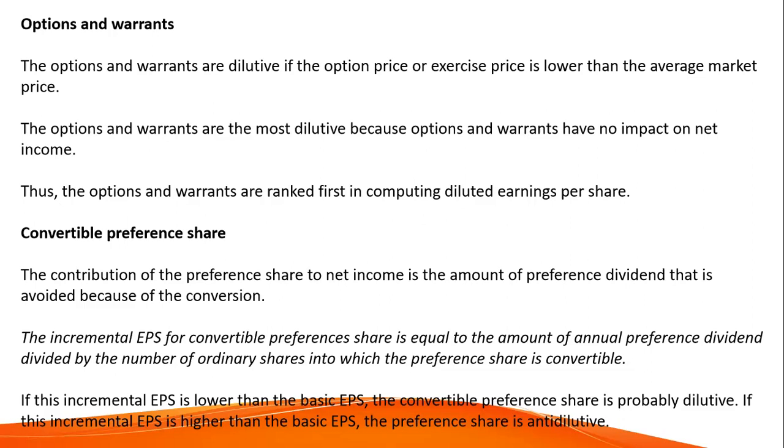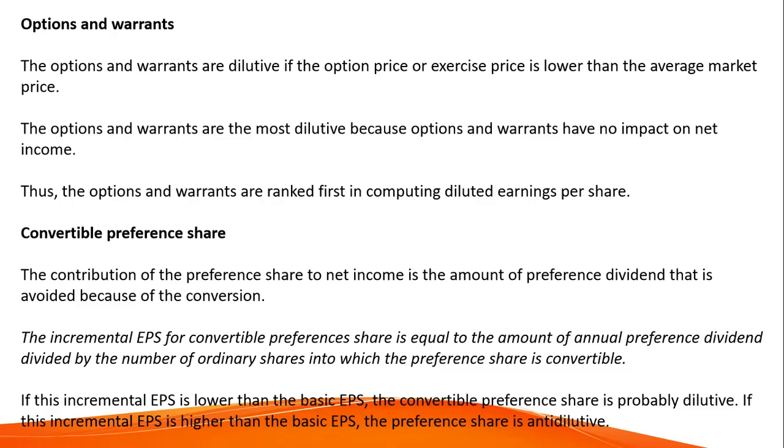Next, we have convertible preference share. The contribution of the preference share to net income is the amount of preference dividend that is avoided because of the conversion. The incremental EPS for convertible preference share is equal to the amount of annual preference dividend divided by the number of ordinary shares into which the preference share is convertible.